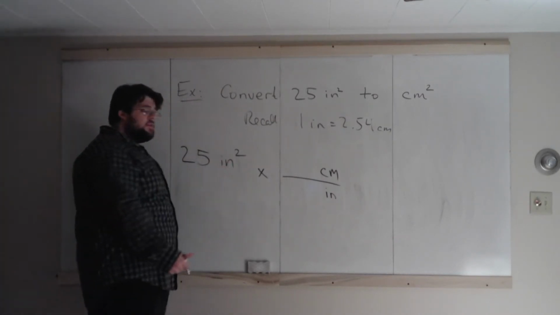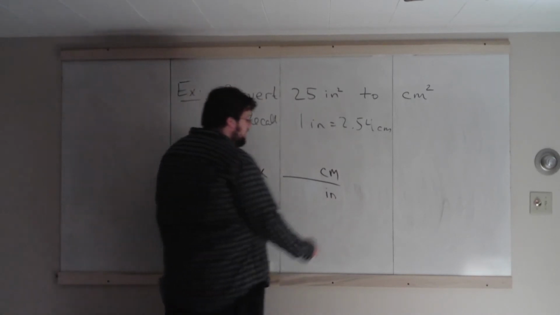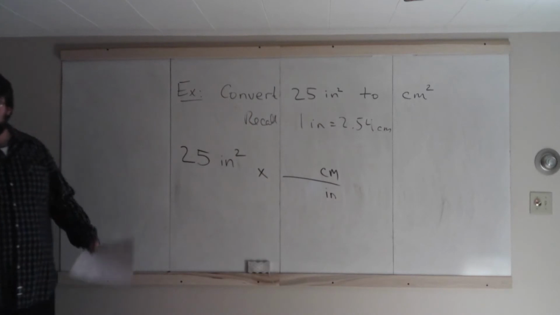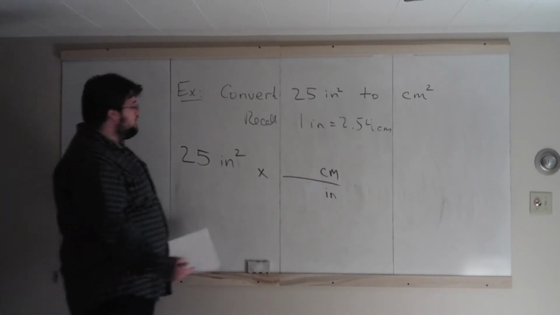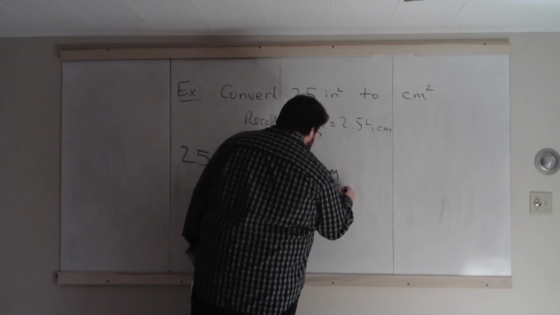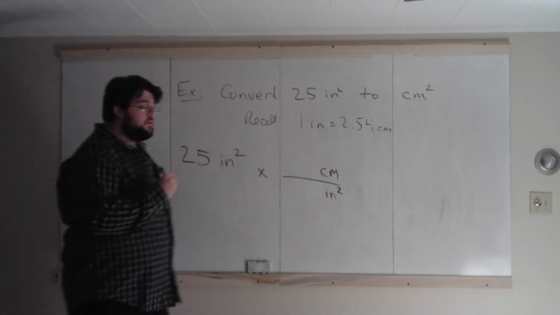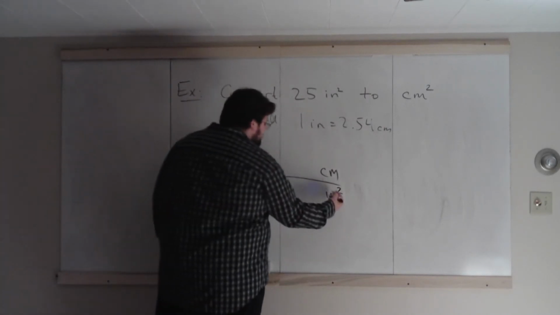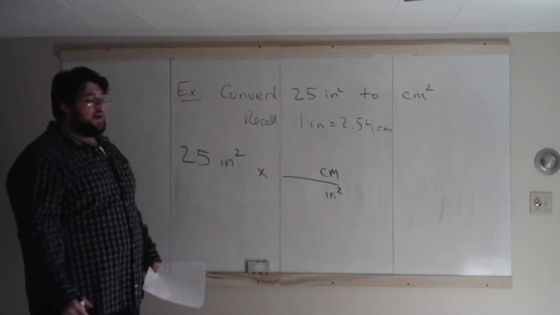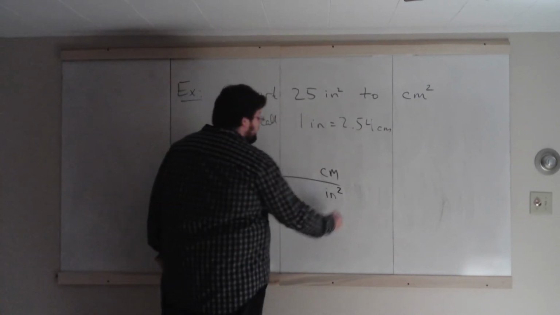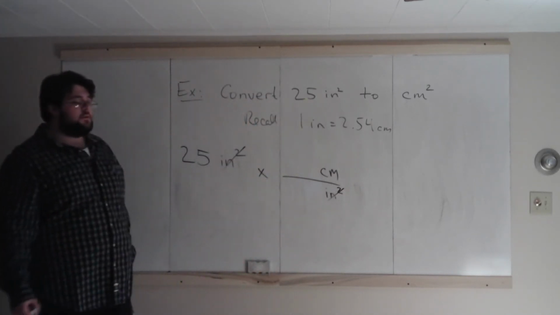Right here, we have square inches. Right here, we have regular inches. A square inch and a regular inch are not the same. But a square inch is the same as a square inch. So if we take square inches and divide by square inches, then the square inches will cancel and we will be left with nothing.